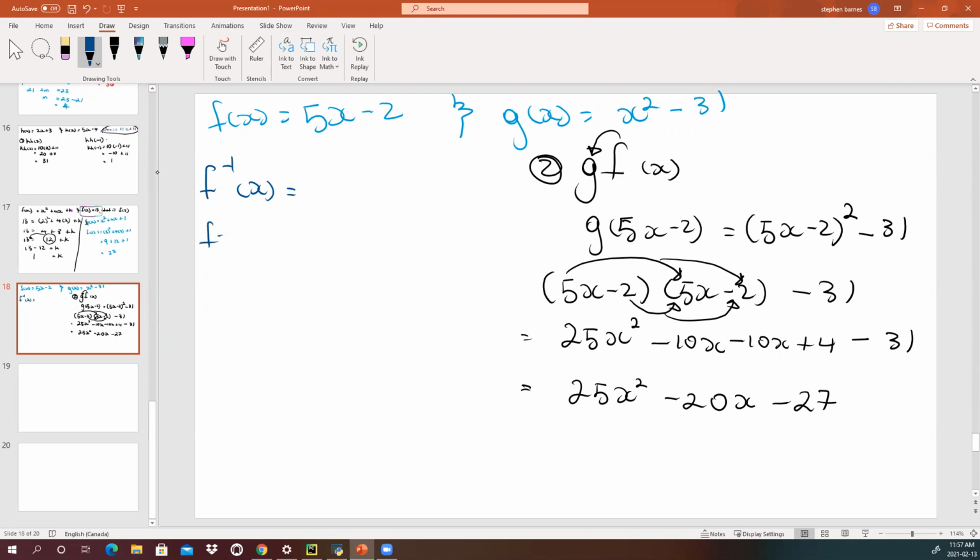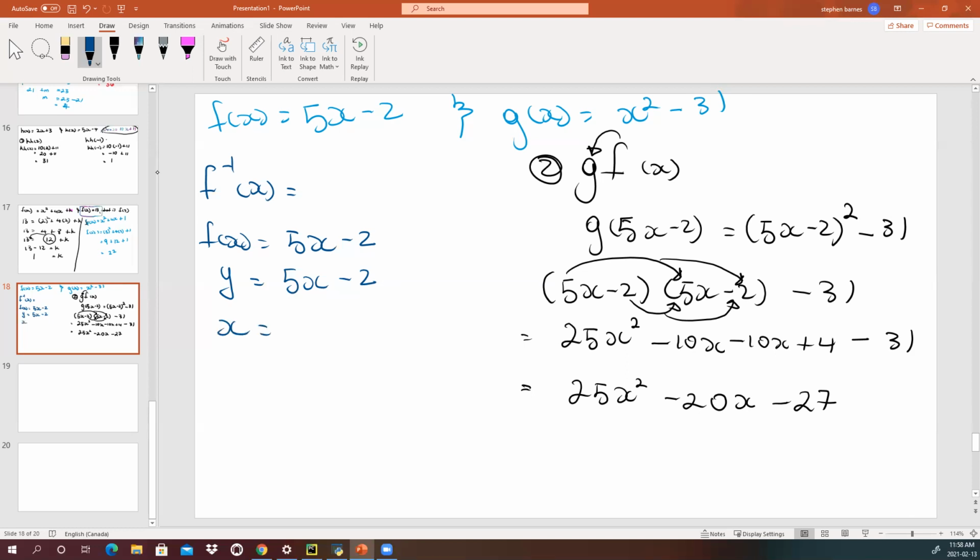So let's start. F of x is 5x minus 2. And this is us now just following the steps. F of x, replace that with y. So y is equal to 5x minus 2. Interchange x and y.